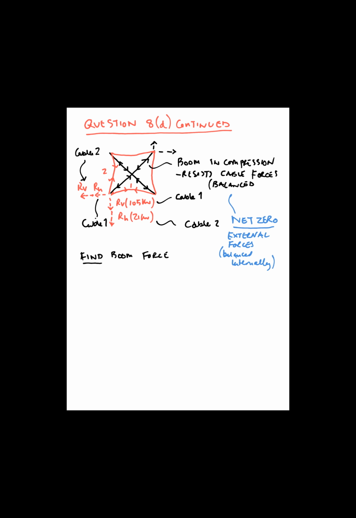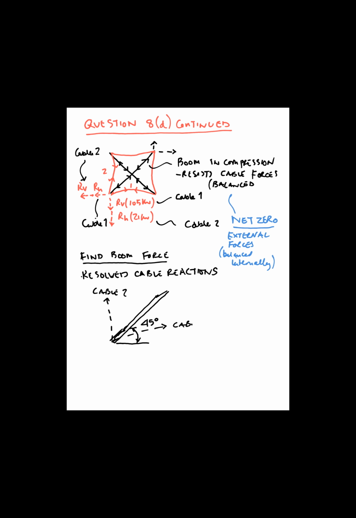So finding the boom force is resolving the vector forces, the resolved cable reactions from before, from the previous page, which we've found, and the boom is at 45 degrees, and we write in those reactions.